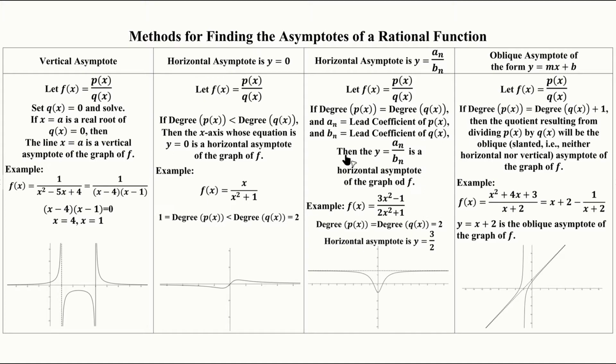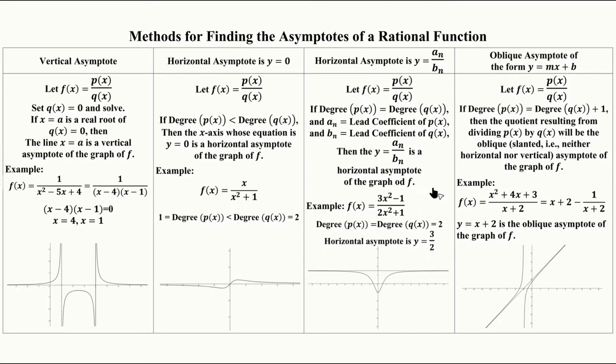Now, this happens whenever the degrees of the two polynomials are exactly the same. You're always going to end up with the lead coefficient of the top function over the lead coefficient of the bottom function being the location of the horizontal asymptote of this particular function.